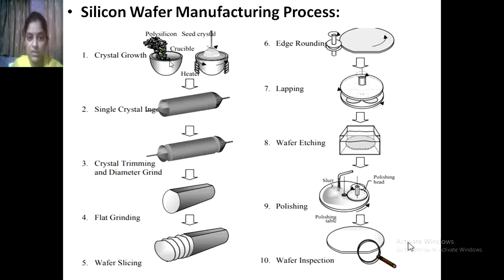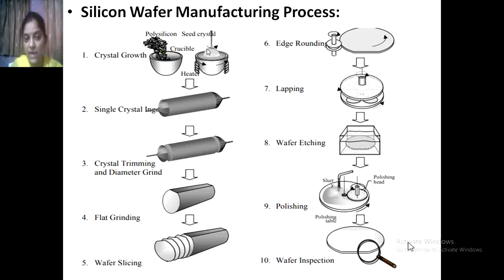In this stage, this polysilicon seed crystal is placed in this crucible, and this crucible is kept under heat. At the same time there is a cooling rod. So this is heated up to that level, and the vapors are formed here.